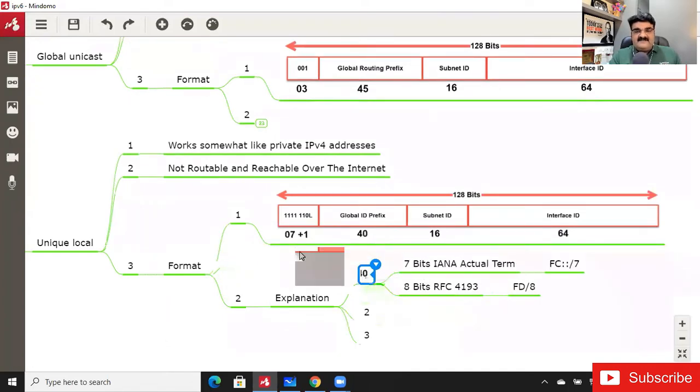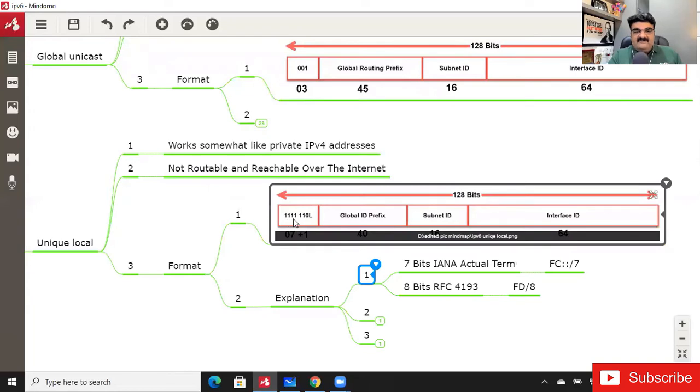These 7 bits are assigned by IANA. When they started this, the actual term was FC00::/7, where the first bits 1111 were fixed, then 110.